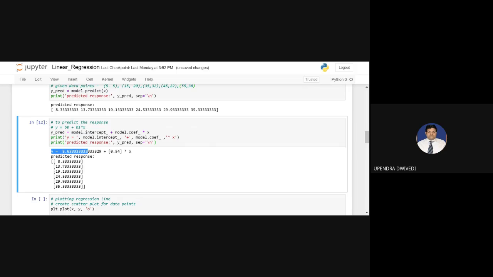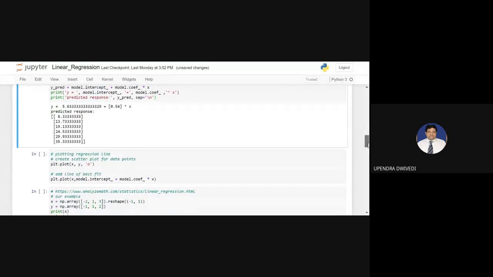This will be y equal to a plus bx, or you can represent it as y equal to ax plus b, whichever way you want. But that is the slope and that is your intercept. To find any value, you can just put in the value of x and you will get the corresponding predicted value of y.